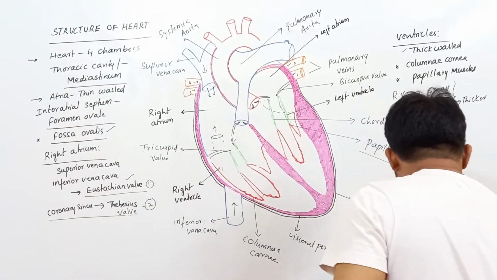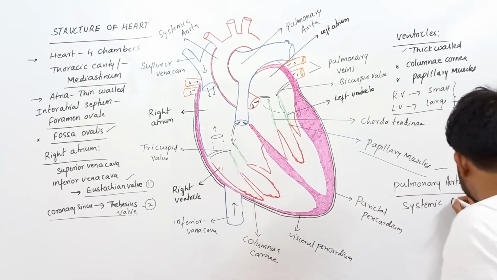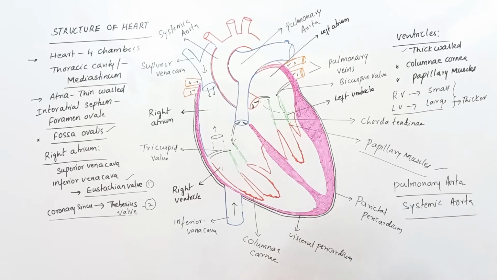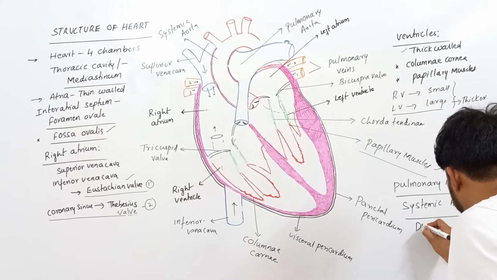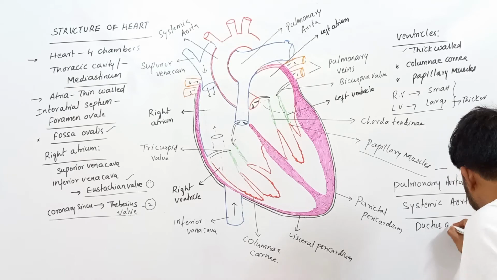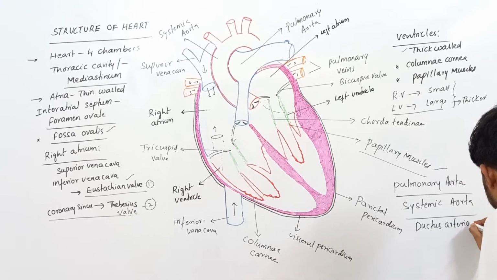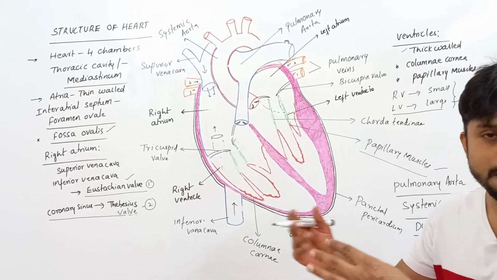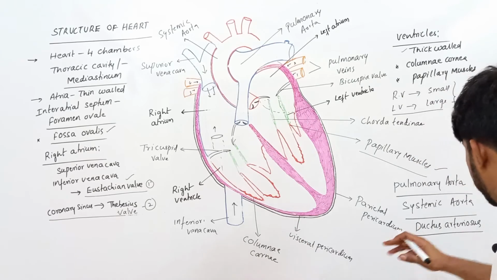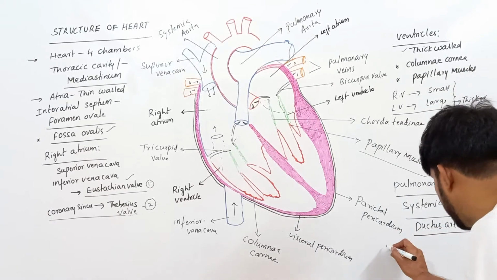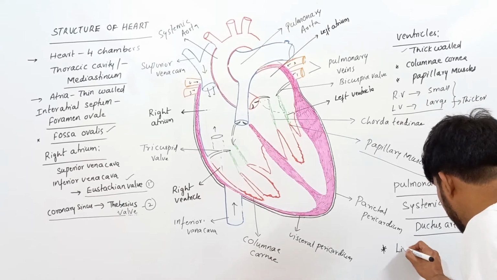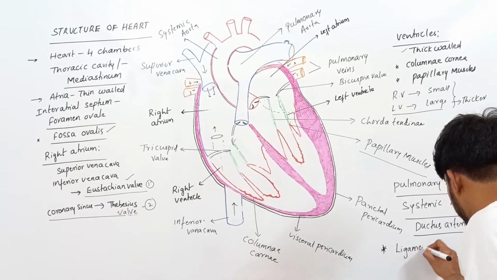Now, in the fetal stage, in the embryonic stages, this pulmonary and systemic aorta are both connected by the ductus arteriosus. When the lungs become functional, when the foramen ovale gets closed, the ductus arteriosus is closed, leaving the ligamentum arteriosum.